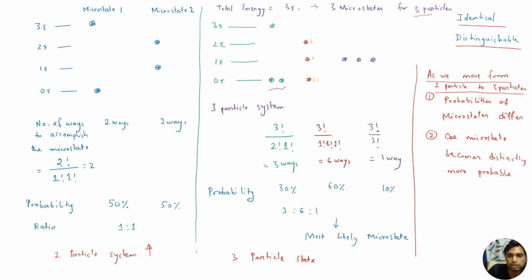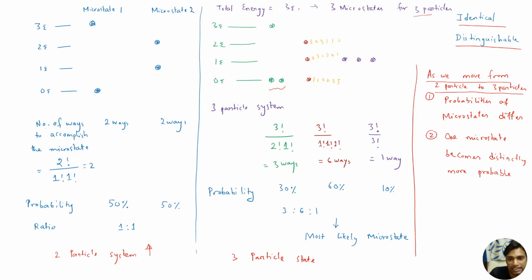Then particle 1, particle 3, particle 2. Then 2, 1, 3. Then 2, 3, 1. Then 3, 2, 1, and 3, 1, 2. So these are 6 ways in which this configuration can be attained.